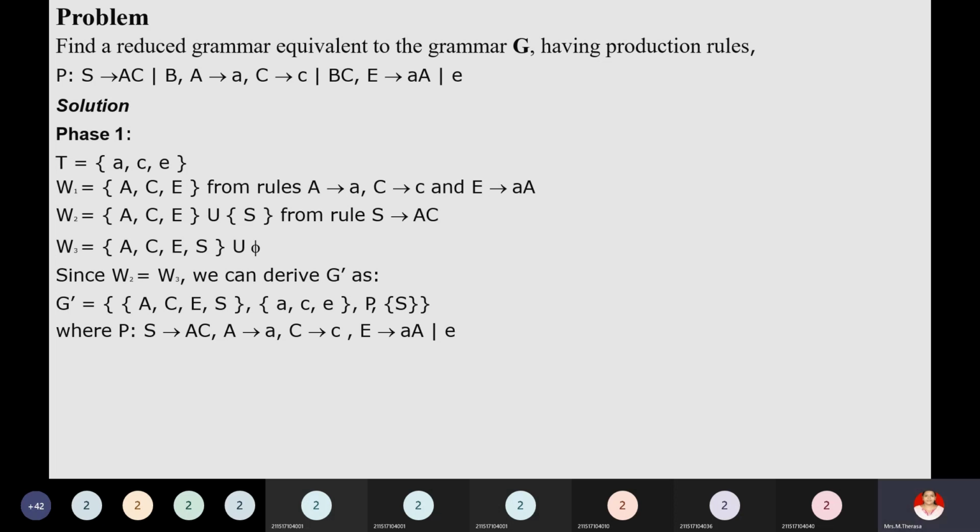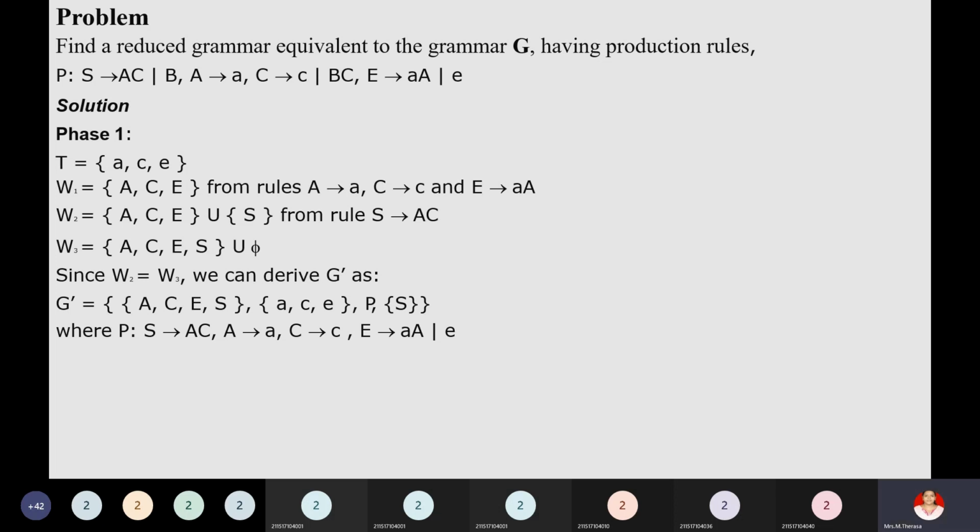What are the terminals used in this grammar? Small a, small c, small e are the terminals. Okay, so W1. You need to take the A, C, E. From the rules, A tends to small a, C tends to small c, E tends to AE. You are taking a set of non-terminals which can derive a string.